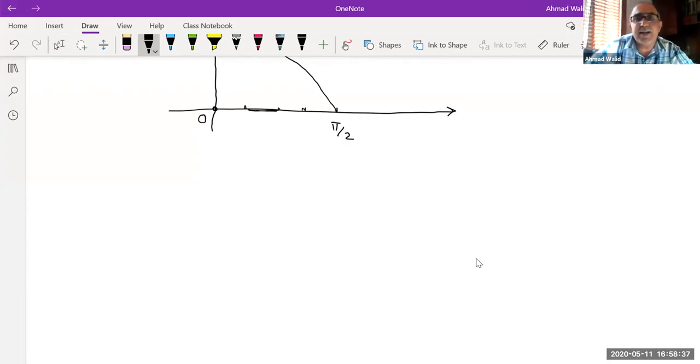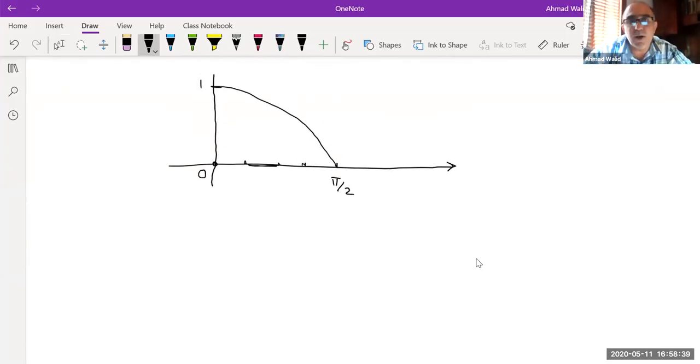This is small length. Let's draw these. This small distance is delta x. I want to find how much is this delta x, correct?